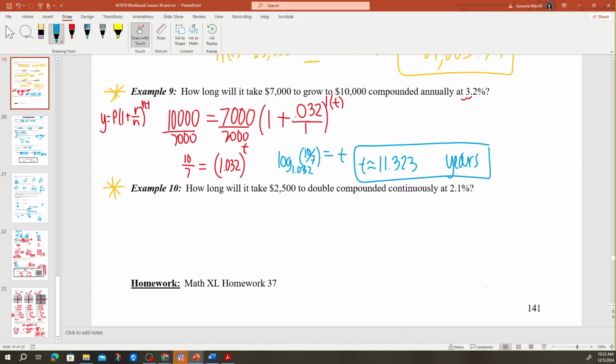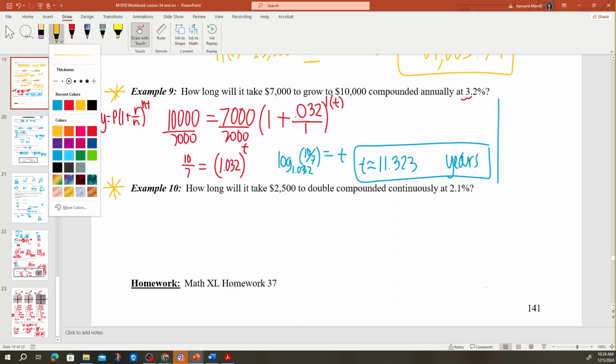Okay, now let me talk to you about the way I did it the other day. We have been drilling into your minds the converting thing, but what you guys do to one side, you do to the other. There are these log properties that I don't know if you guys remember from last year, but on my earlier question, do you guys remember me logging both sides?